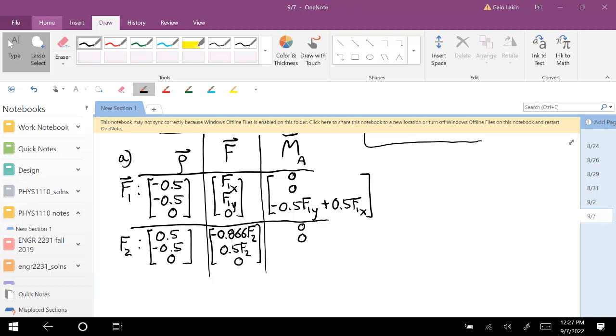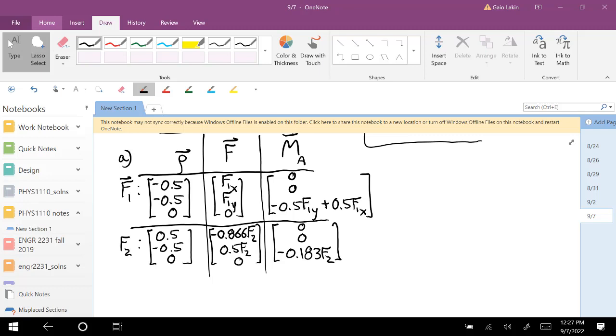So I think that comes out to be negative 0.183 F2. That's what I have written down here anyways. Any questions about that one?